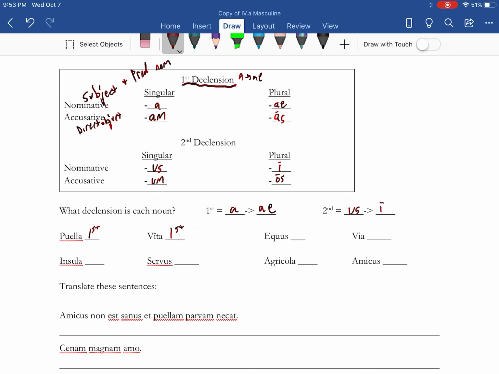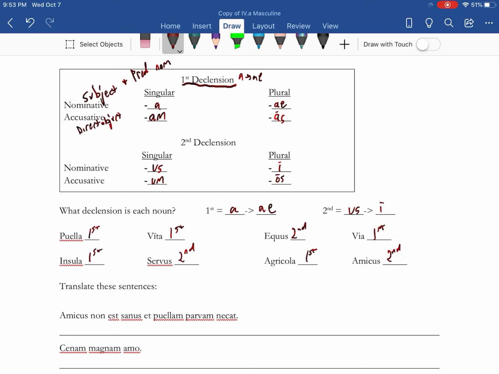Equus ends in US, so it's going to be second declension. Via, first declension. Insula, first declension. Servus ends in US, second declension. Agricola ends in an A, first declension. Amicus ends in US, second declension.